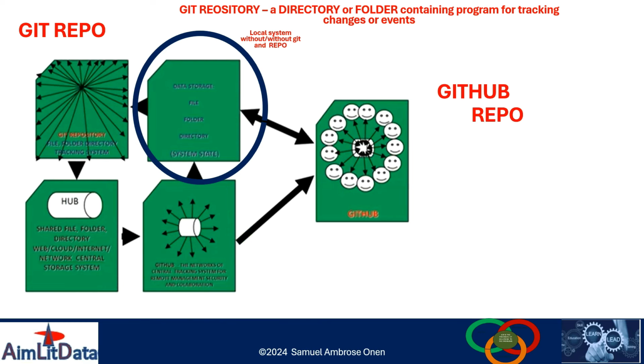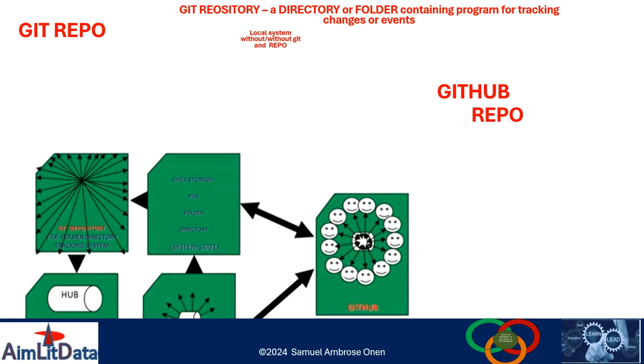Now, having a folder without Git does not allow us to control our version, but we can save as much data as possible in the folder, and we can create as many folders as possible according to the files that we want to control our version. But that is tedious, it is not an easy and smooth thing that we want to experience.